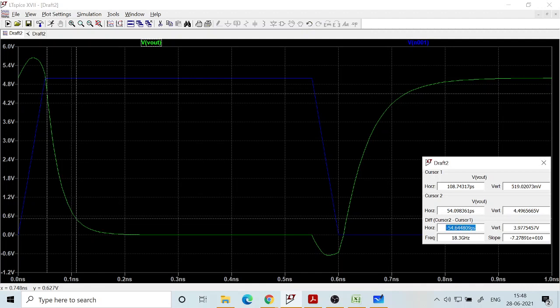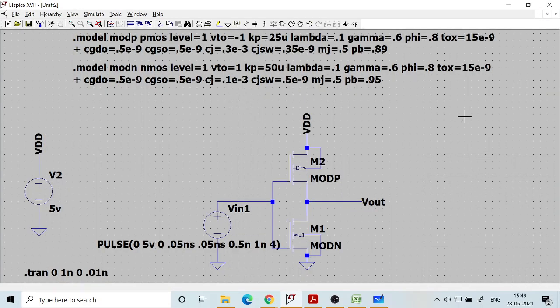So you note down this fall time 54 picosecond. Okay, so fall time is less, that means what? That means it is a fast process for discharging, but for charging it is taking longer time. Okay, so this is basically the result that we get.